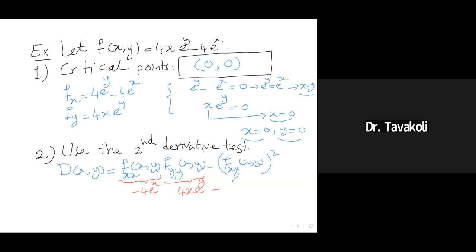The mixed second derivative, you can easily see that this is going to be 4e^y.